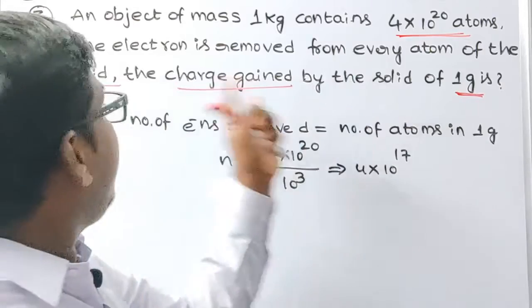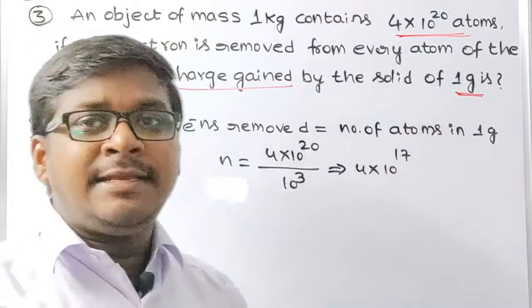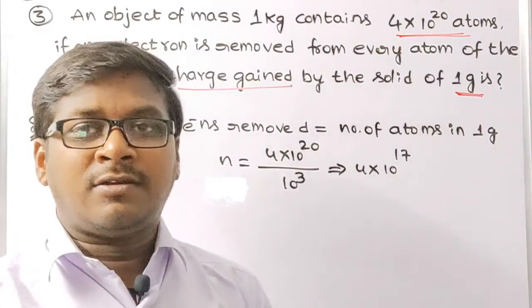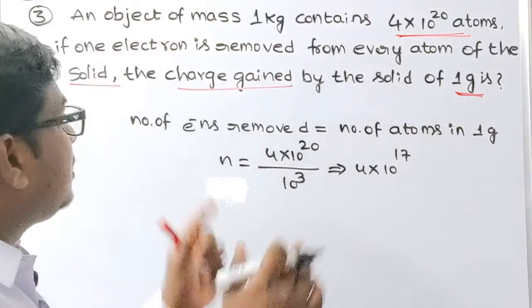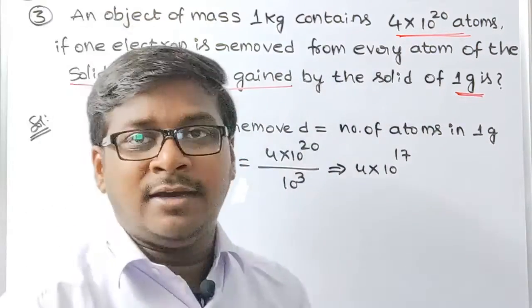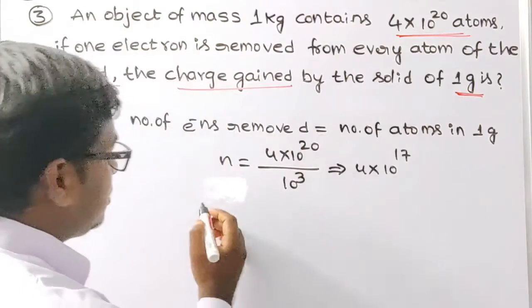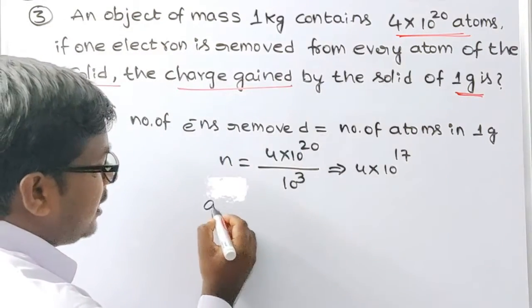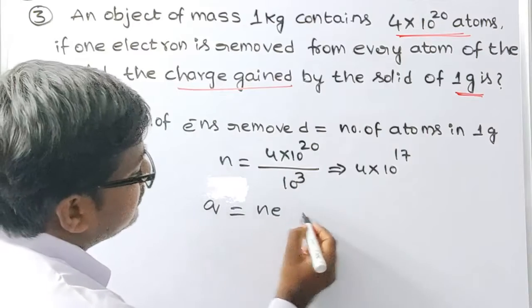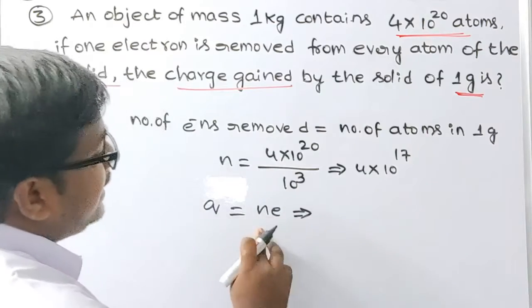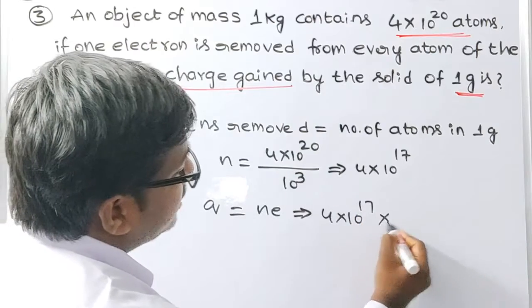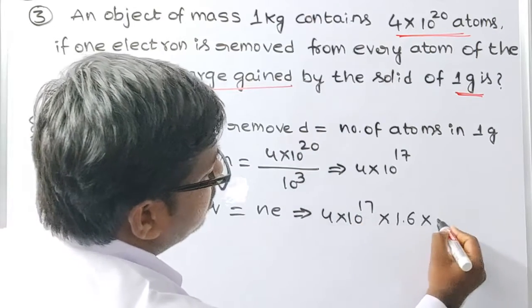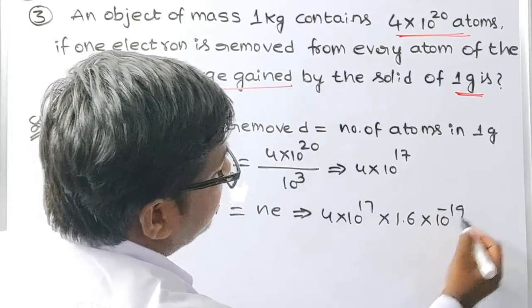From every atom of the solid, 1 electron is removed. The charge is quantized, so Q is equal to Ne. N is 4 into 10 power 17, multiplied by 1.6 into 10 power minus 19.